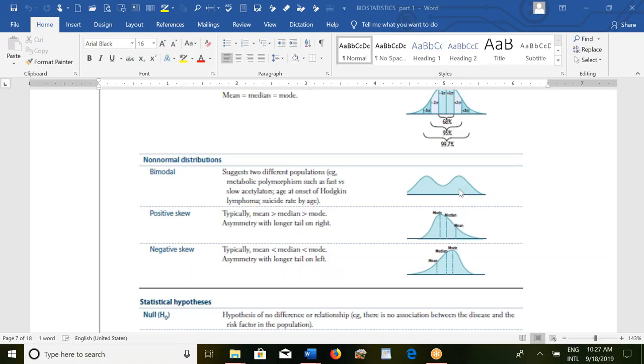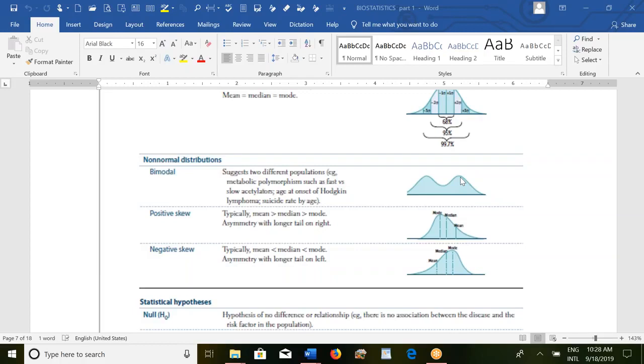Then in OB/GYN, I will give you the example of cervical cancer and vulval cancer. Both types of cancers we will see in women who are younger than 40 years of age, so here the incidence is high. Then when they are in their 50s and 60s, the incidence will decrease, and then again it will increase when they are 70 years old.